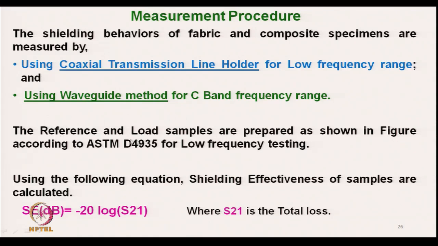The reference and load samples, as I just mentioned, are prepared as shown in the figure as per ASTM D4935, used for the low frequency range. The formula SE equals minus 20 log S21 is used to measure the shielding effectiveness of the sample.